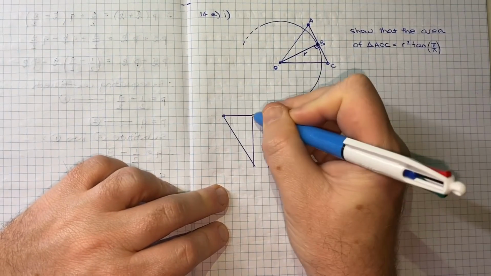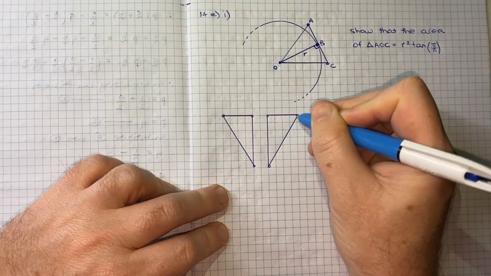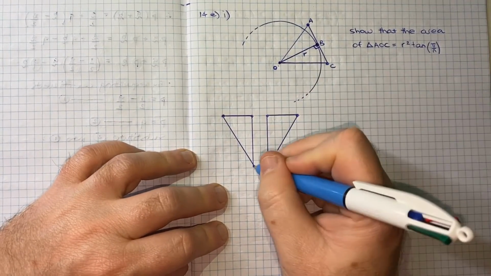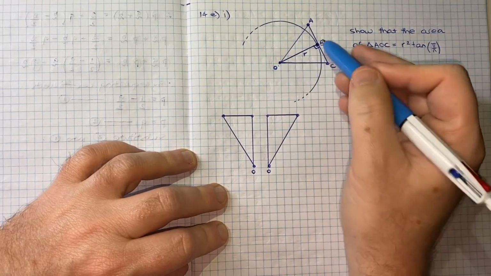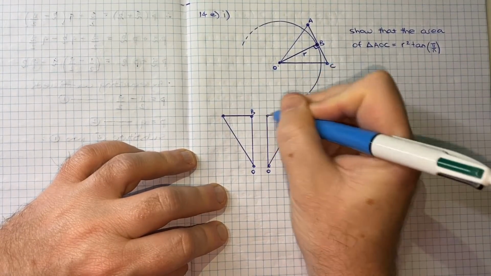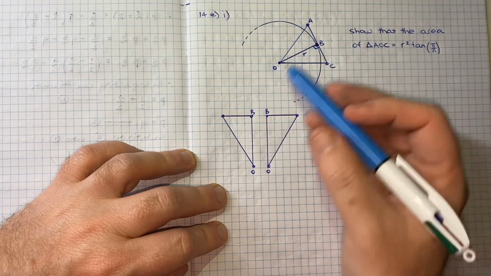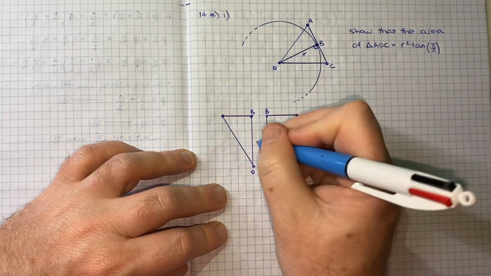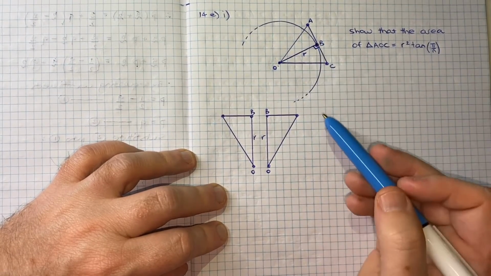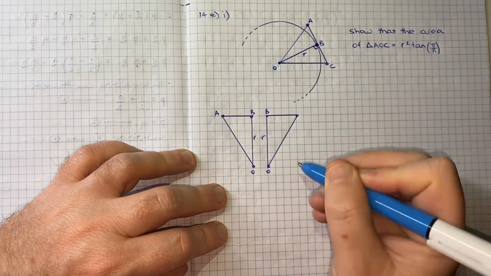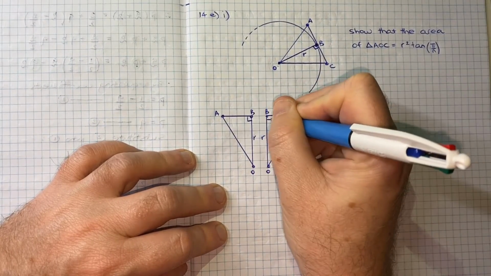In terms of making sure I get these vertices correct, it'll be O at the bottom of both of these triangles, and it'll be B here, because we've got OB in common with both triangles, and they both have a length of r, being the radius of the circle. And so we'll have A over here and C over here, and they're both right-angled triangles.